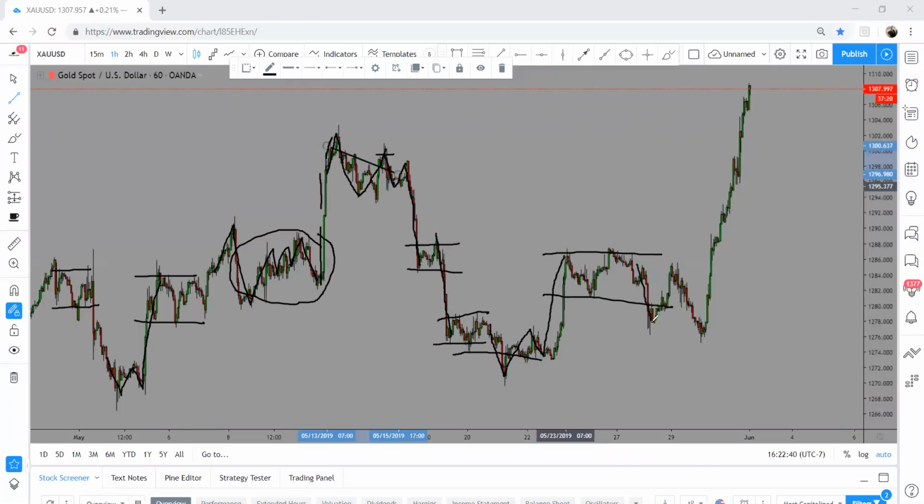It stop hunts to the low right here and right here, and it shoots all the way up. And I believe it'll consolidate right here, shoot up to 1312 because there's a supply zone there, consolidate, or do a little head and shoulders and drop. Does that make sense? I'm going to explain supply and demand in a sec.